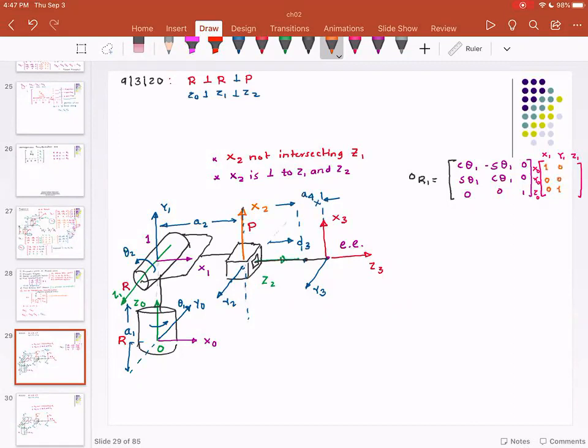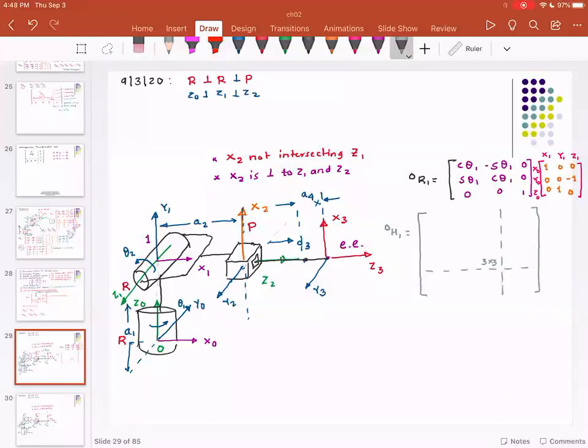And the projection of z1 onto y0 is minus 1. So I'm going to take a shortcut here, and I hope you will follow this. I'm going to multiply these rotation matrices and write down the resultant rotation matrix in the 3x3 part of the homogeneous transformation.